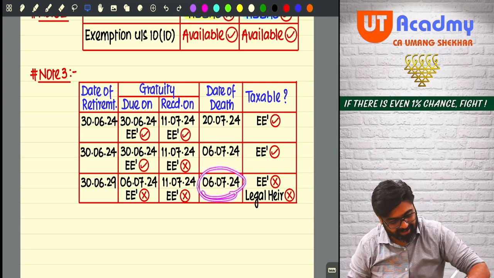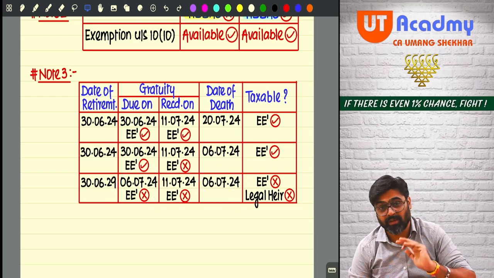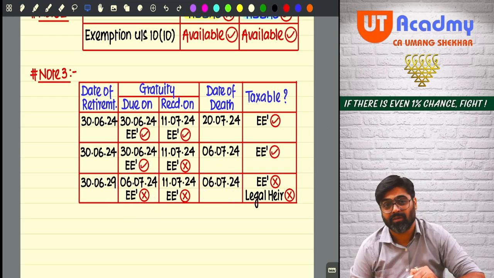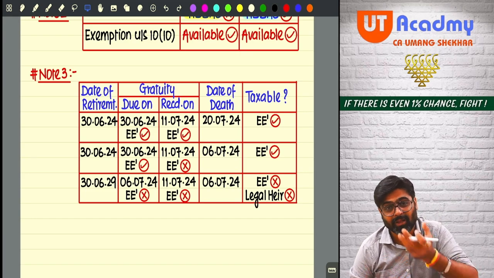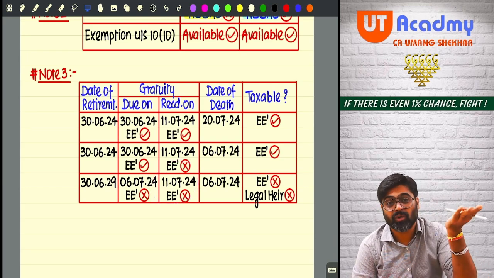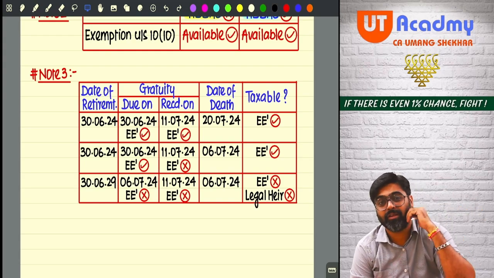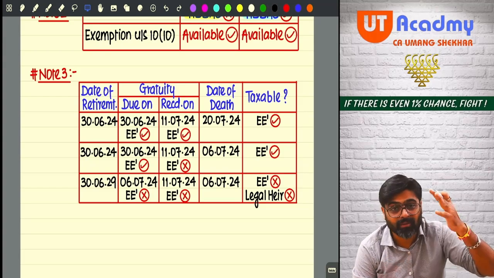So on his death, the gratuity will become due. So when it is becoming due, is it becoming due in his hands? No. On his death, it is becoming due. The employee is not alive when the gratuity is due, and neither is it received in his hands. So a gratuity which is neither due in his hands nor received in his hands cannot be taxable for him.